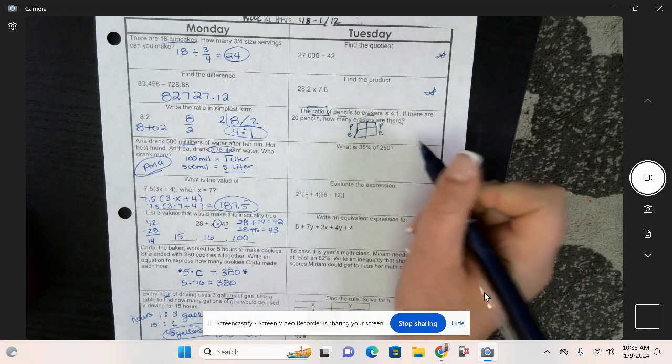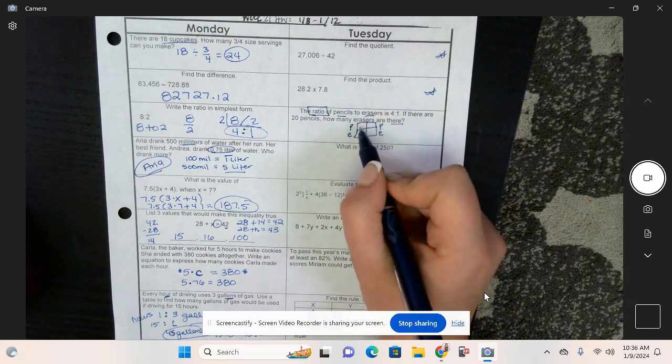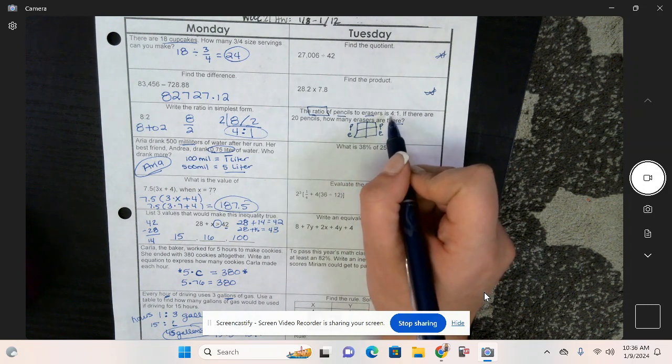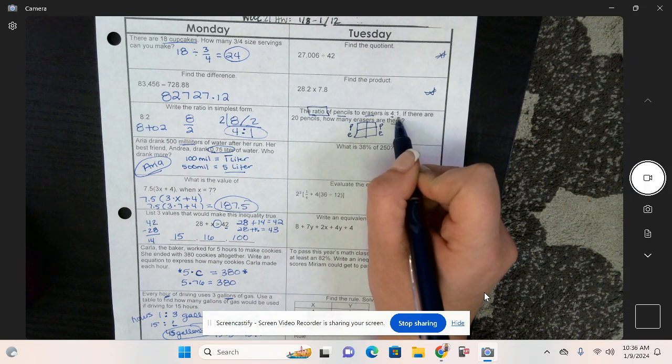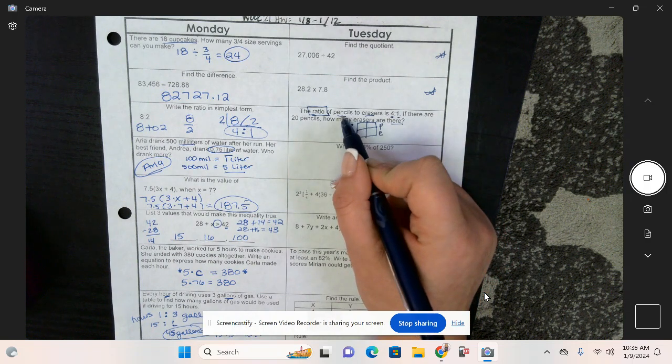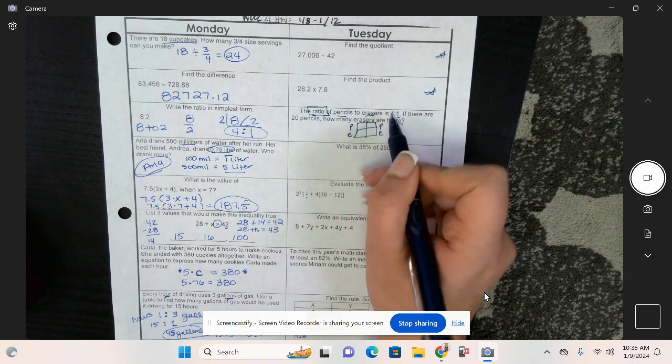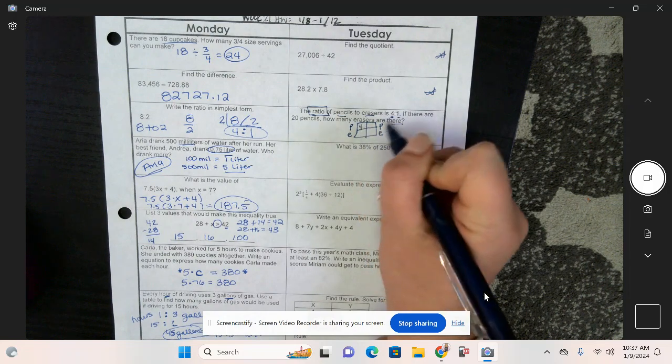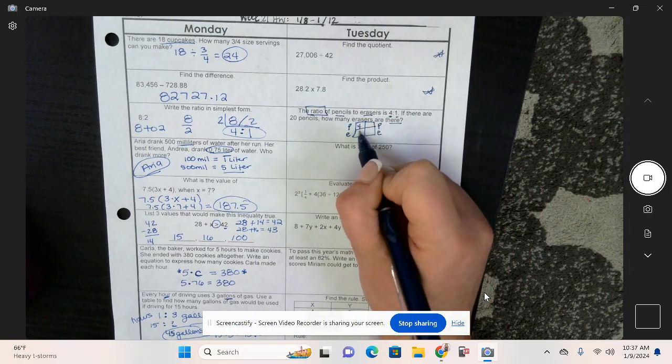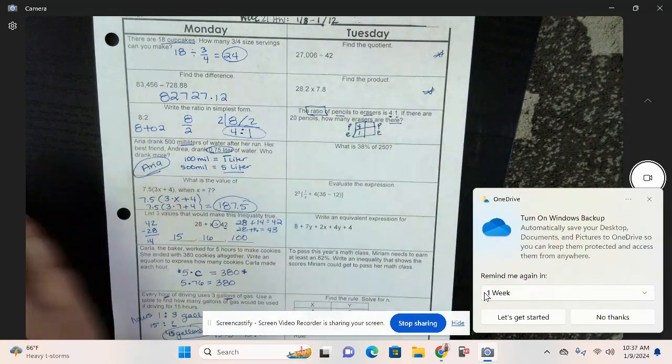My first column is for my initial ratio, which is 4 to 1. The 4 represents the pencils because pencils come first and the 4 comes first, so I'm going to put that there.